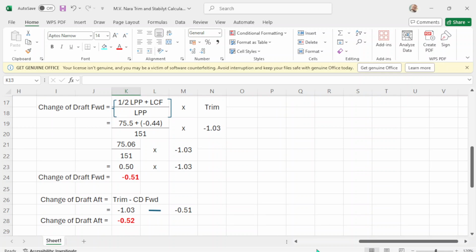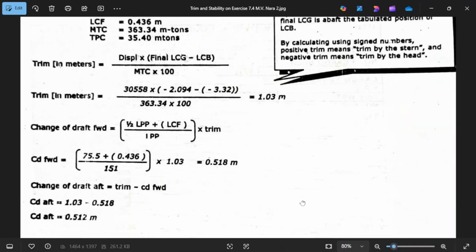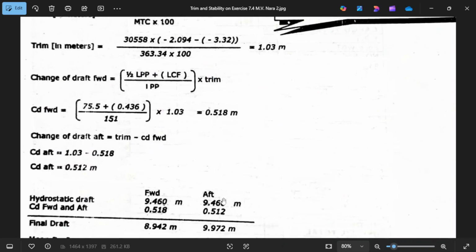Okay, and his drop forward, upon applying this change of drop forward and up, will be 8.942.